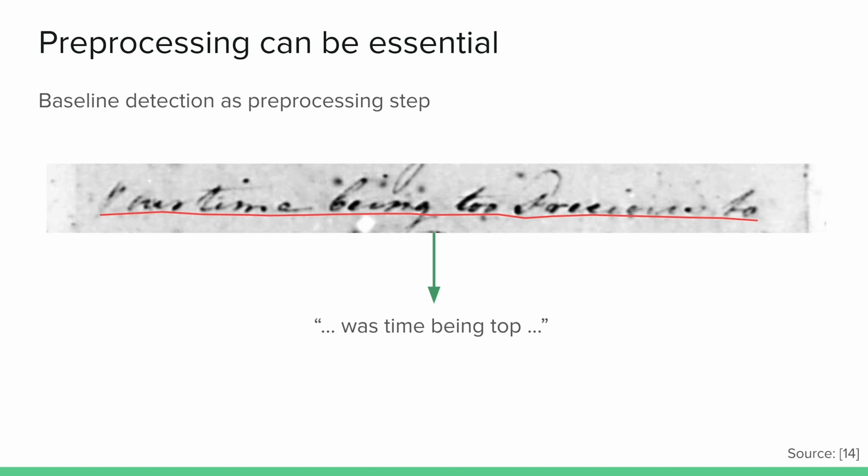One way you can actually do this for text, a very common procedure, is to try to find the baselines of your written text. Try to find the line on which the text is written, and this baseline detection is a preprocessing step that transforms the problem into a kind of one-dimensional problem where you just follow along the baseline, and then you can feed that part of the input into your neural network.